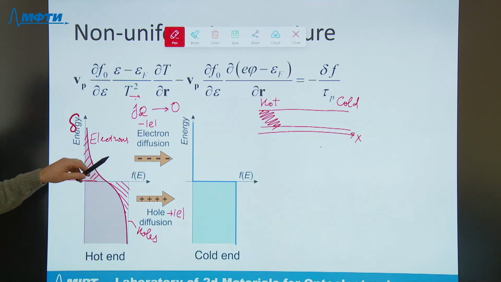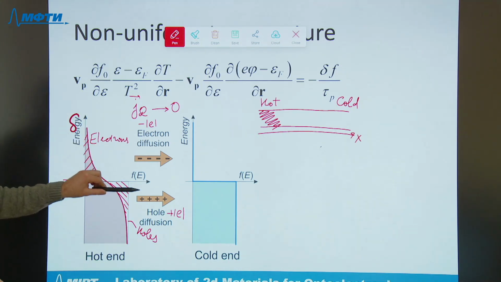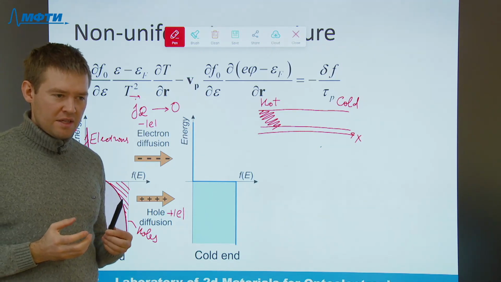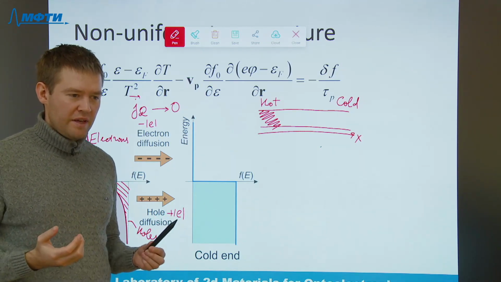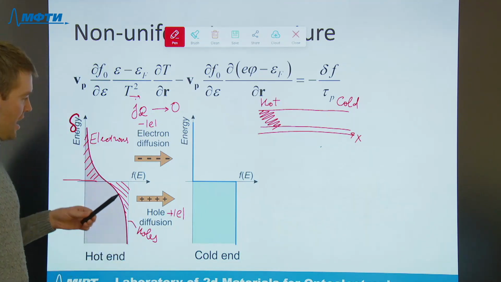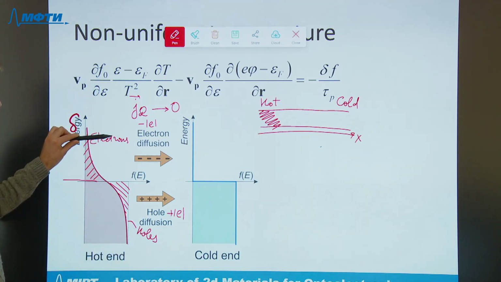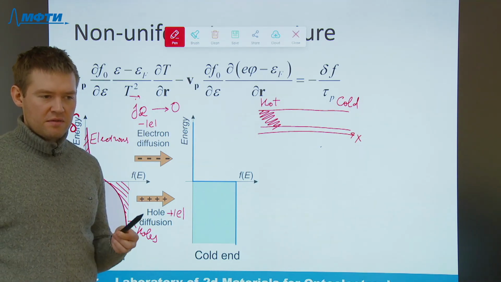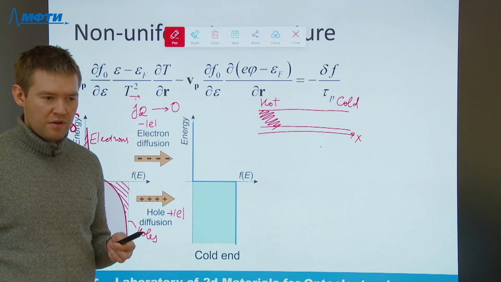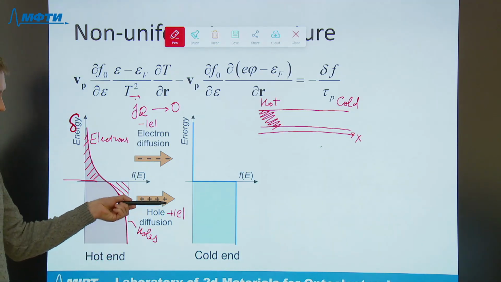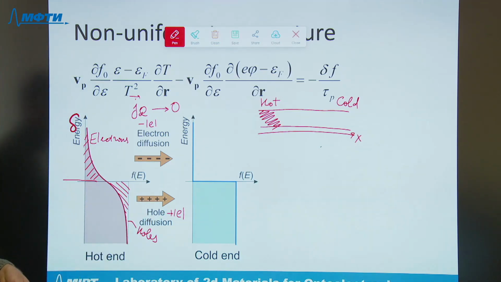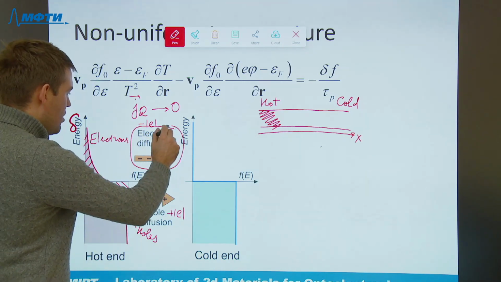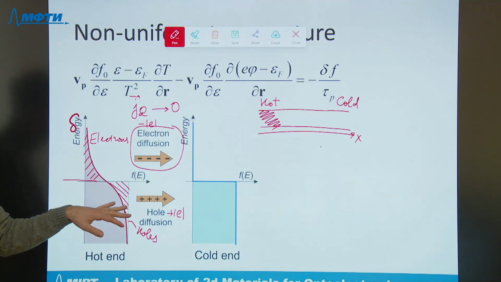The subtleties are the following. Actually, high energy electrons and low energy holes can have different momentum relaxation time depending on the type of scattering. And high energy electrons typically have large density of states and large average velocity, because velocity is proportional to the square root of energy. And holes have low density of states and low velocity. Typically, electron flux overwhelms the hole flux.